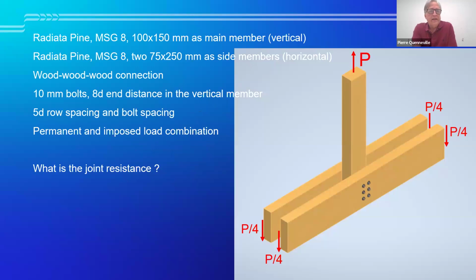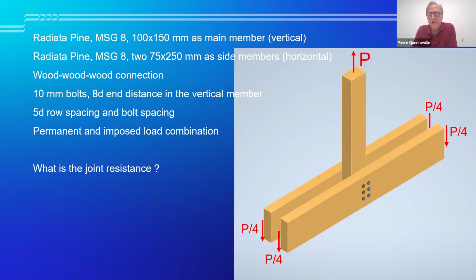So we have a 3-member timber connection, a bolted connection between a vertical member and 2 side horizontal members, 10 millimeter bolts, 8 diameter end distance in the vertical member, and the row spacing and bolt spacing is 5D. So in this case, 50 millimeters.